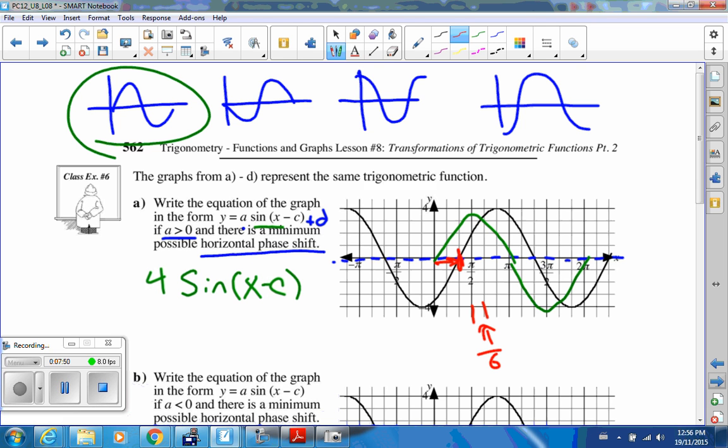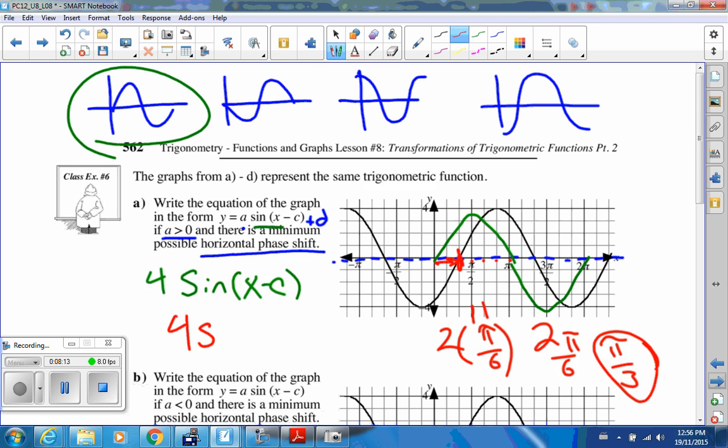Again, because there are 1, 2, 3, 4, 5, 6 boxes to get to pi. Each box is pi 6. So if I need to move 2 squares to the right, it's going to be 2 times that, which is 2 pi 6ths or pi 3rd. It's going to be 4 sine of x minus pi thirds.